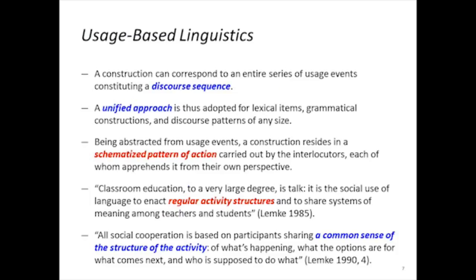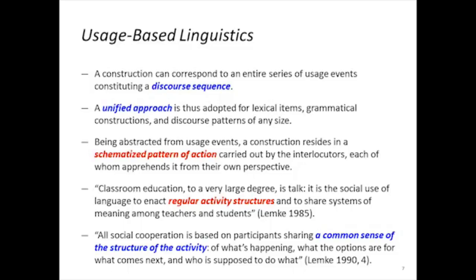Anyway, so speeding up a little bit, the idea is that a construction can be really anything, from the pattern that I showed you in the beginning, put it on the table, to a small thing such as the word with, to a bigger discourse sequence. Think of genres in general. So here we have a unified approach that actually bridges the chasm between vocabulary and the larger generic structures.